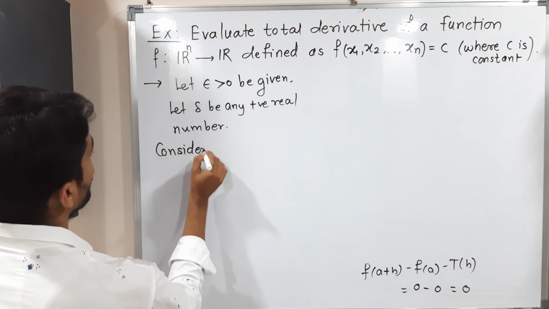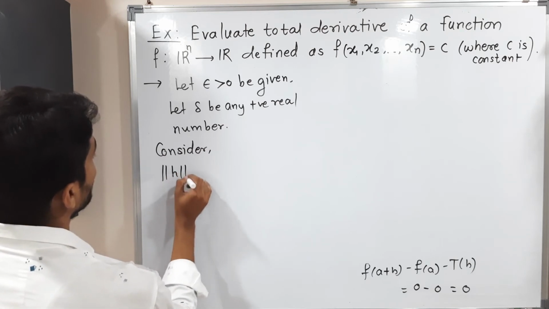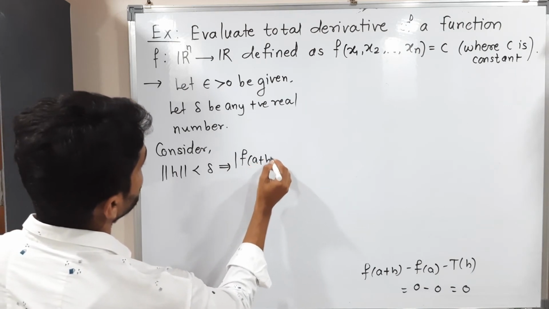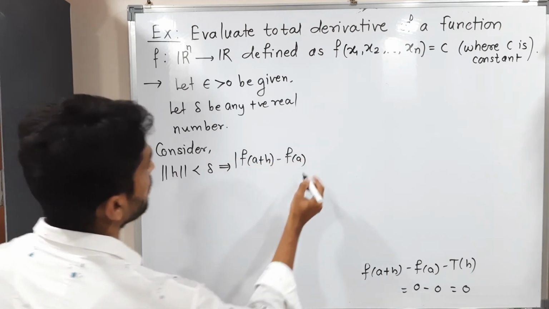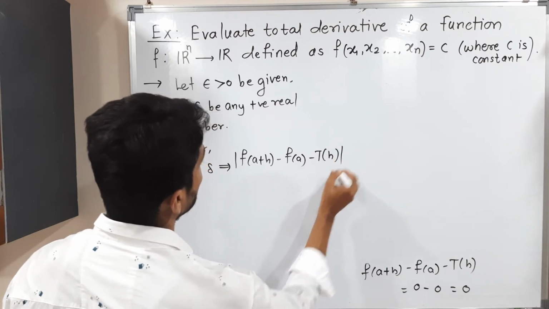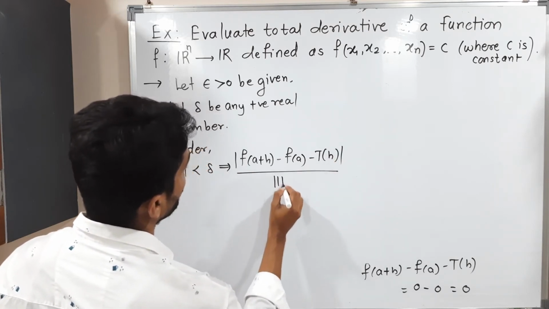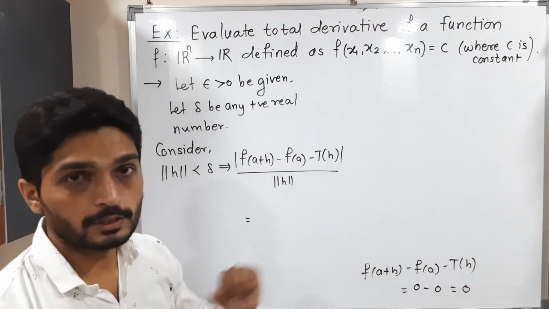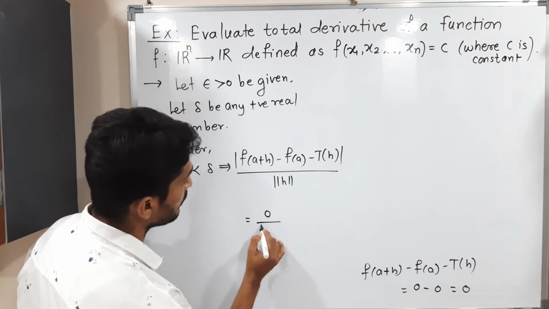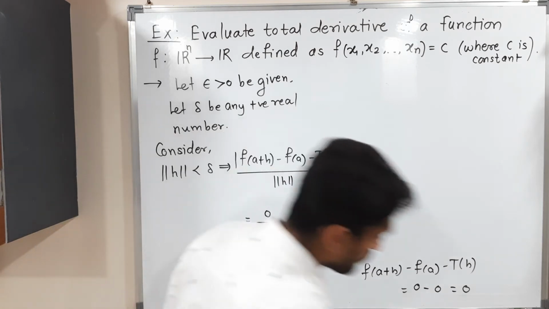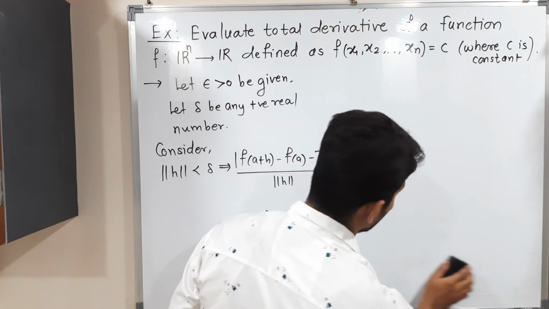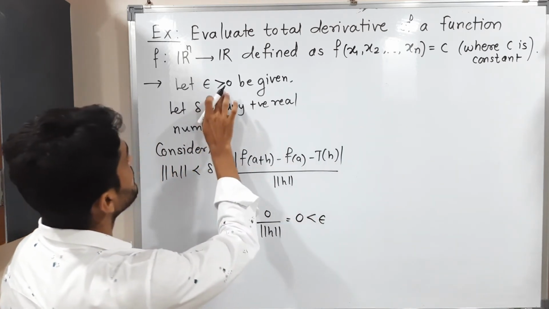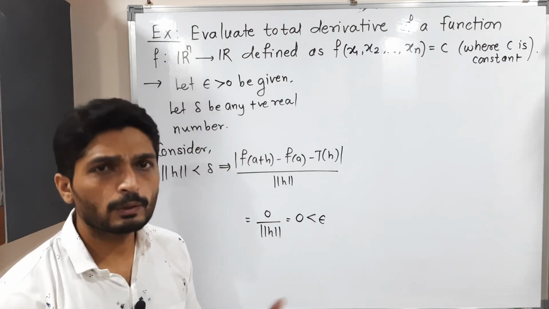Consider norm h less than delta implies mod f of a plus h minus f of a minus T of h, divided by norm h, which is equal to, let us find its value. We have already got its value 0. So 0 upon norm h. 0 upon anything is 0, and 0 is less than epsilon.